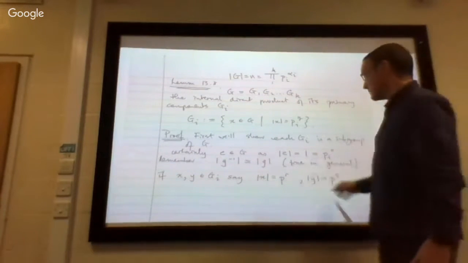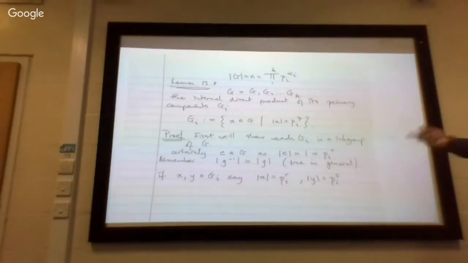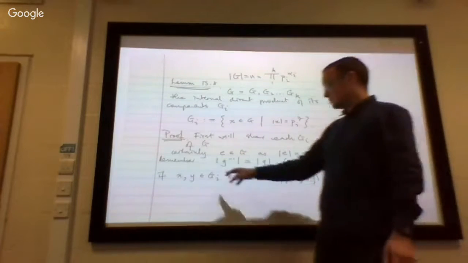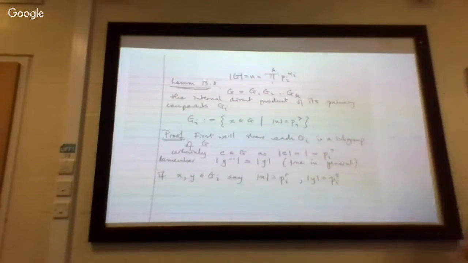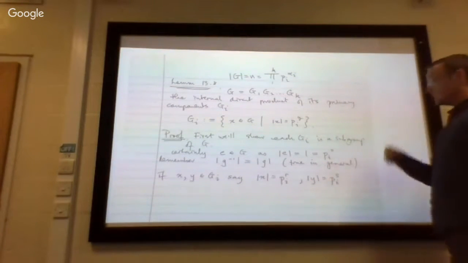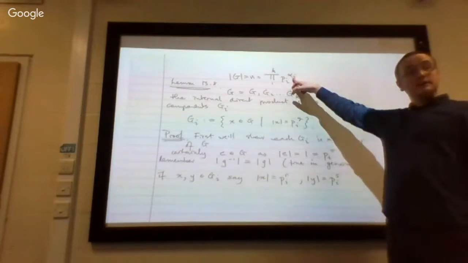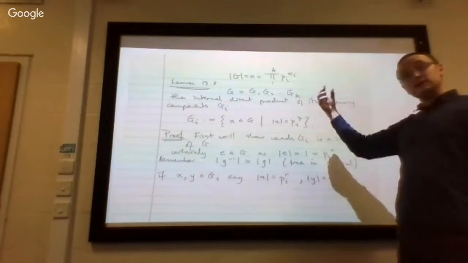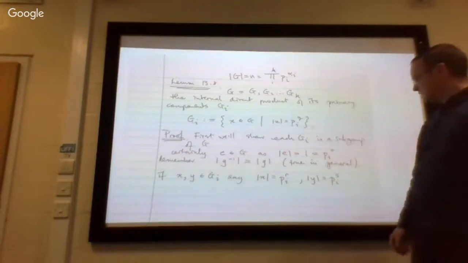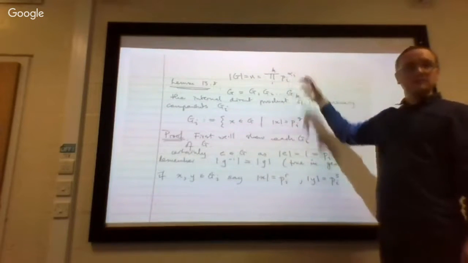So we've got two elements whose order is a power of the prime p_i. These are elements, by definition, of the ith primary component. Now, of course, we don't know what r and s are. They're certainly bounded above by alpha_i. Remember, the order of any element must divide the order of the group by Lagrange's theorem. So the biggest that r and s can be is alpha_i, but they may be smaller.